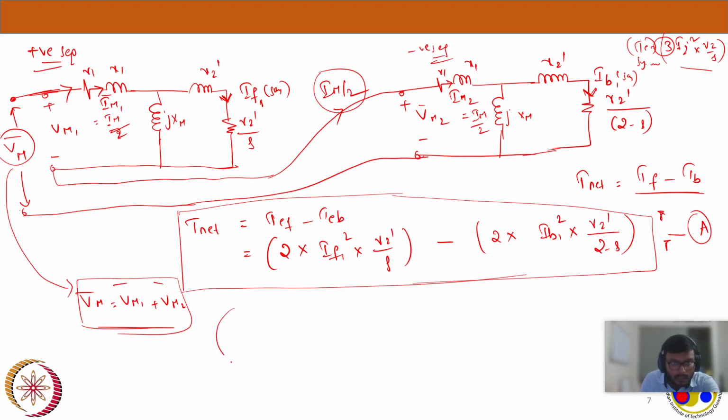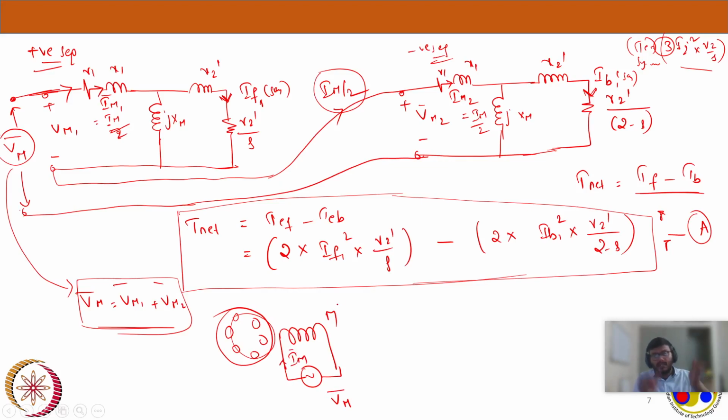See, this is my rotor and this is my main winding, and I have supplied it with Vm, and then the current Im will flow through the stator, and this is the main winding. This is what my single phase induction motor would look like. So for this circuit, we have drawn the equivalent circuit, right?